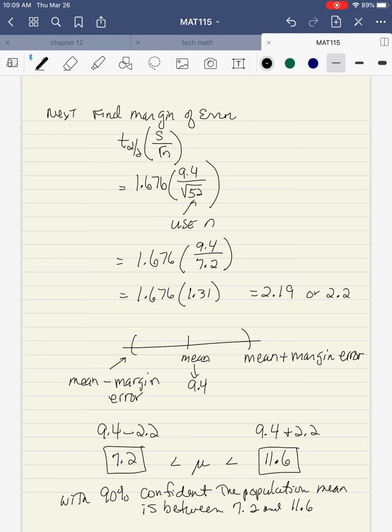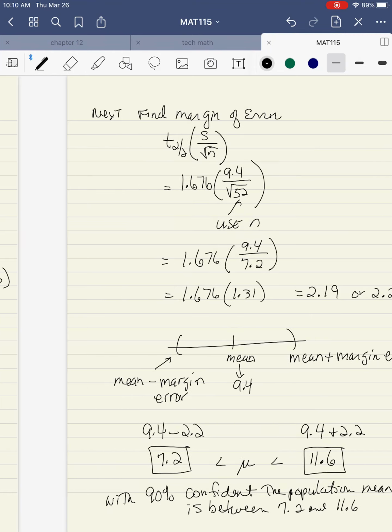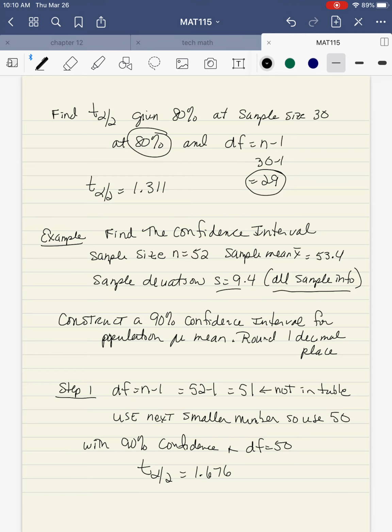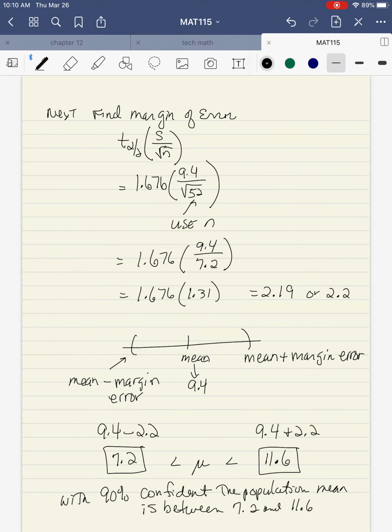Next, I need to find the margin of error. The margin of error is going to be this t-value times standard deviation divided by the square root of n. The square root of n is n, not the n minus 1. So I take the 1.676 that I just found, I multiply it by 9.4. 9.4 is the standard deviation, and again my n is the square root of 52.